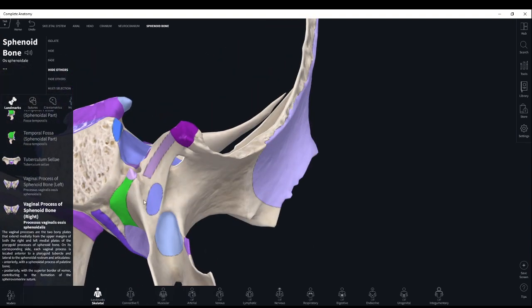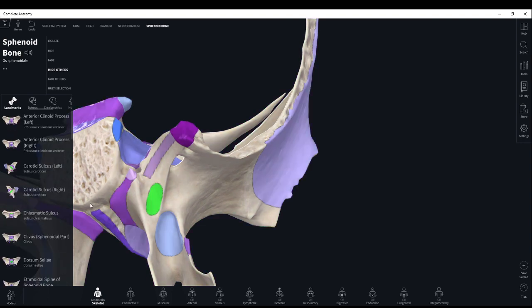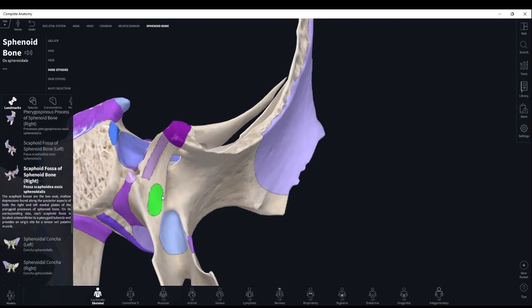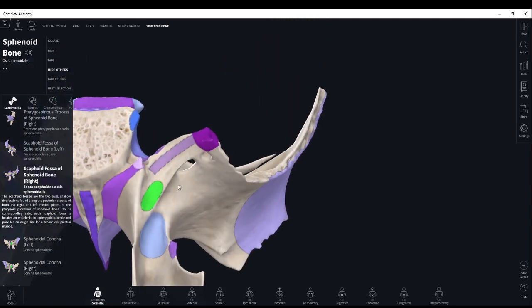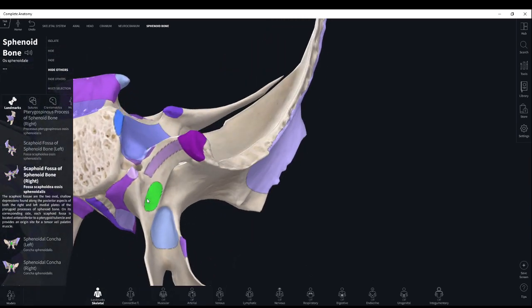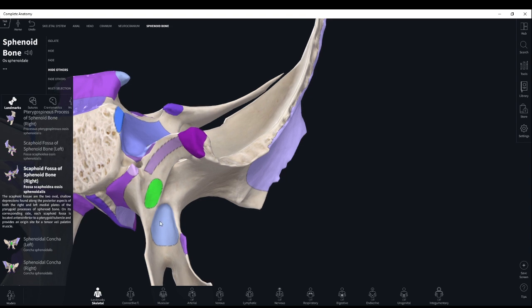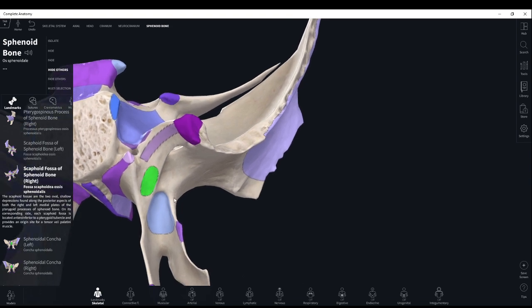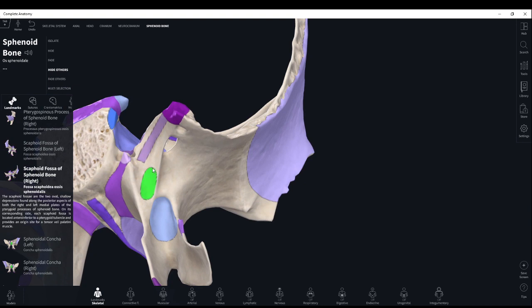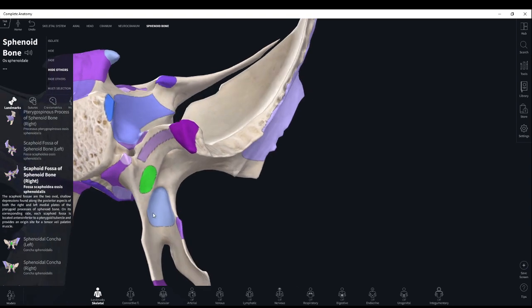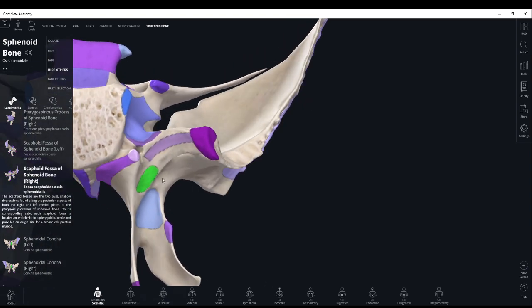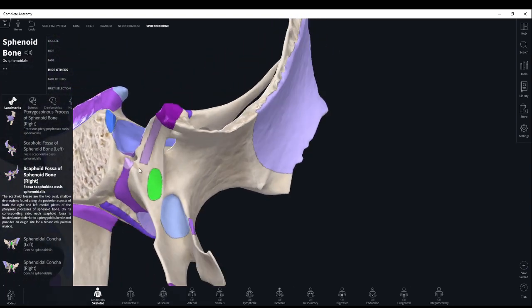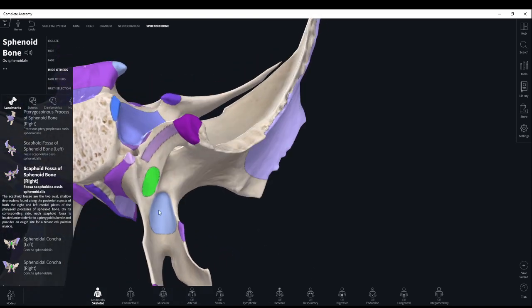Also below it is this structure, the scaphoid fossa of the sphenoidal bone, the shallow depression between these two laminae, which extends from the pterygoid tubercle to the laminae and is the place of origin of the tensor veli palatini.